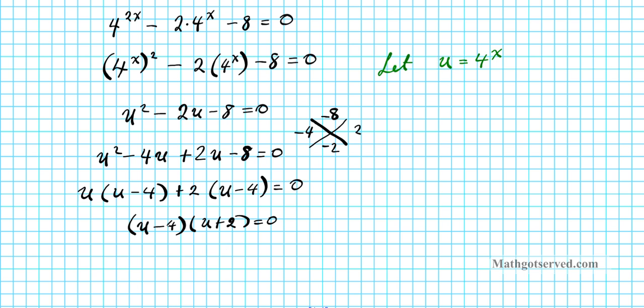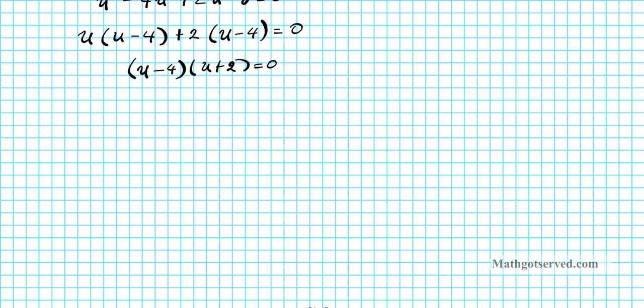So let's keep on solving. If we want to solve this using the zero product property, we have u minus 4 equals 0 and u plus 2 equals 0. If I solve this, I'll have u equals 4 by adding 4 to both sides, and u equals negative 2.